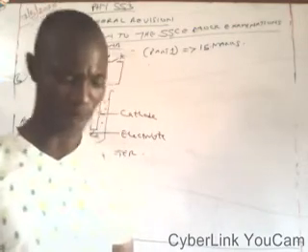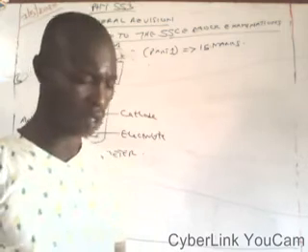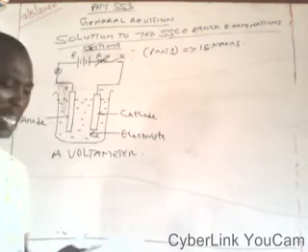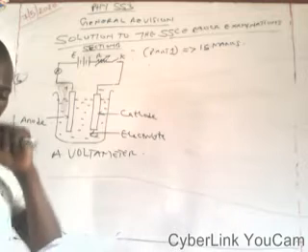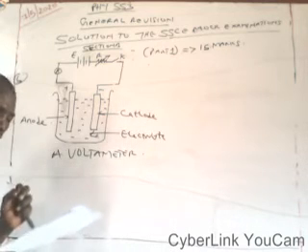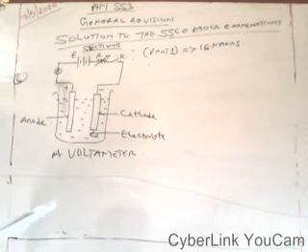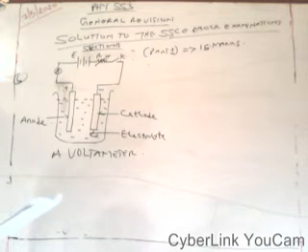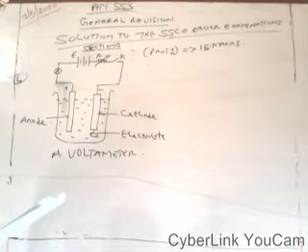So question 6 consists of 2 questions, A and B. 6A says: on what principle does lighting in a fluorescent tube operate?